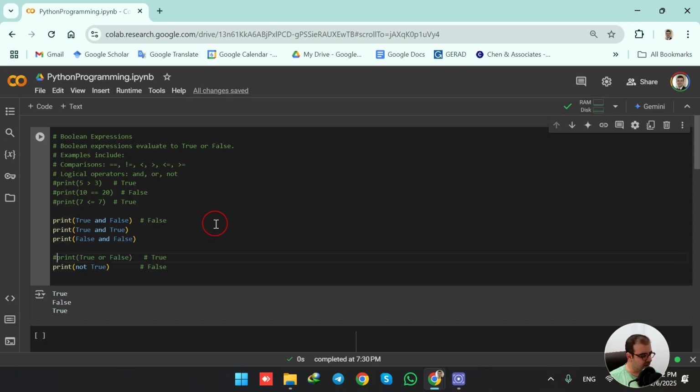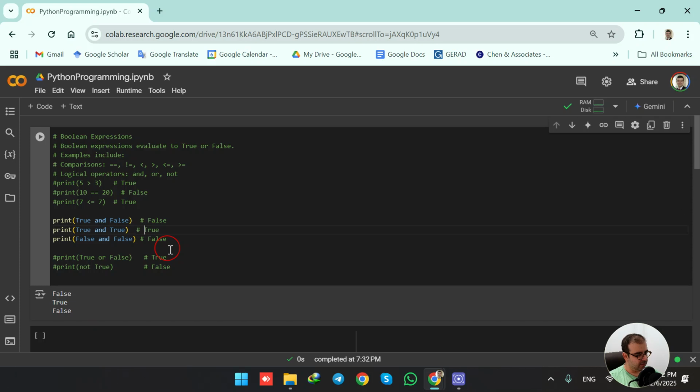So let me comment these two lines so we can compare these three first. So when we are having at least one false when using the AND logical operator, the output is false. When both of them are true, the output is true. And when both of them are false, the output is obviously false.